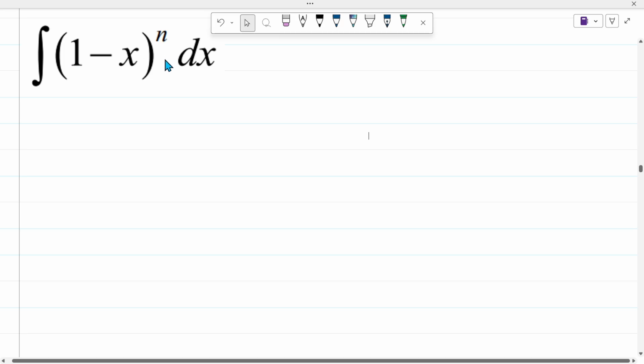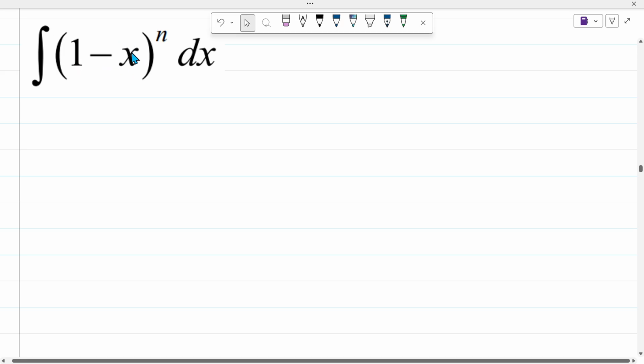If we cannot simplify, then we should move to the second question, which says that we ask ourselves, do we have a function and its derivative? So you check if you let 1 minus x be your f of x, or your function. So outside there, do we have the derivative of it?